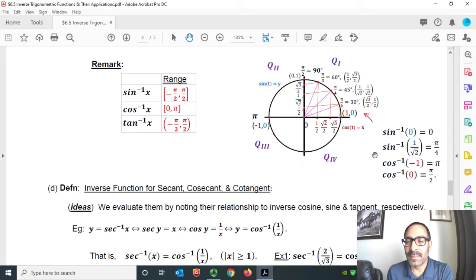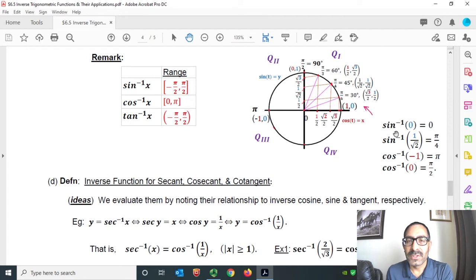Quick example here: what's the value of sine inverse 0? Sine 0 is 0, right? In the unit circle, the y value corresponds to the sine function and the x value corresponds to the cosine function. So this 0 is the sine 0. Then sine inverse 0 gives us 0, that is the angle 0.